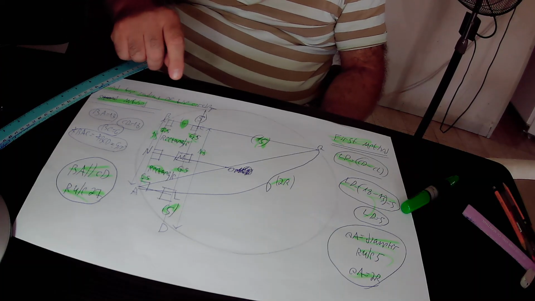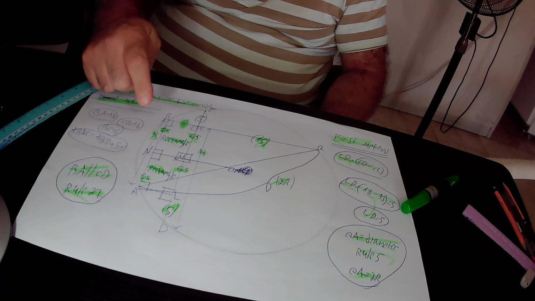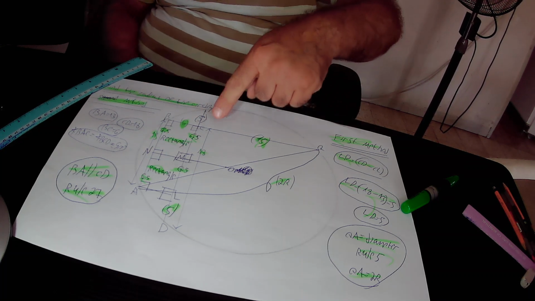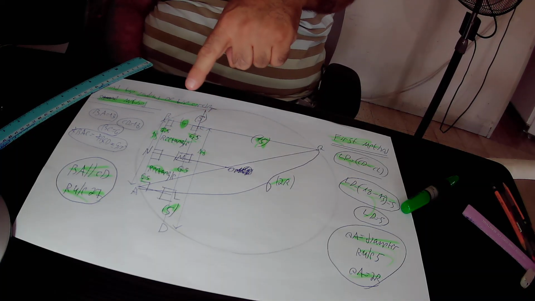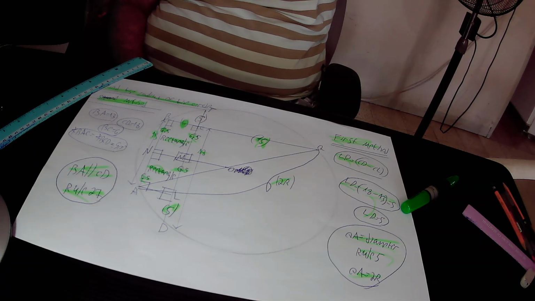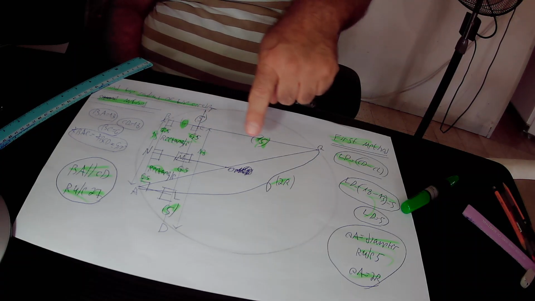Therefore, this fourth missing angle must be equal to 90 degrees. So in quadrilateral BCMN, we have 4 right angles, and therefore, according to rule 5, quadrilateral BCMN is a rectangle.